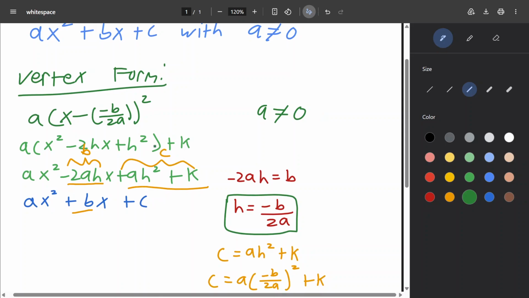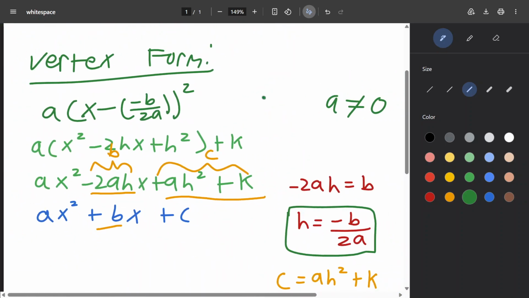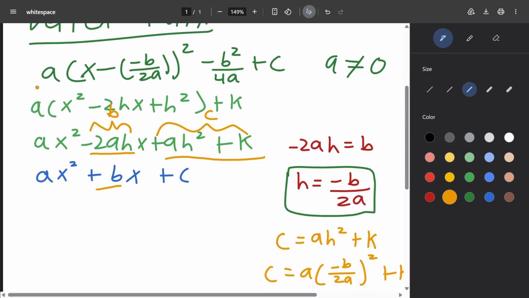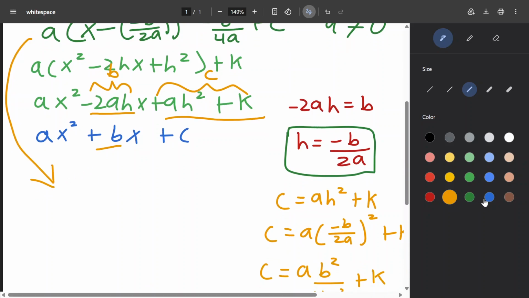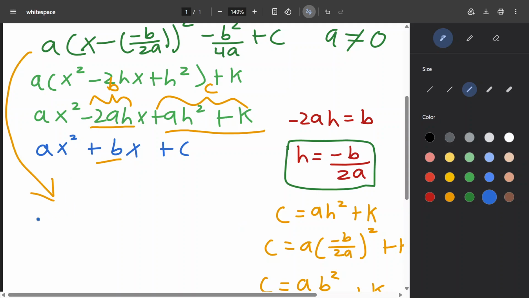I'll write this in a different order to preserve how this is traditionally shown. So this is minus b squared over 4a plus c. Let's simplify a little. Let's actually move this down here. So in our final result, we end up with a times (x minus negative b over 2a), which is just positive b over 2a.